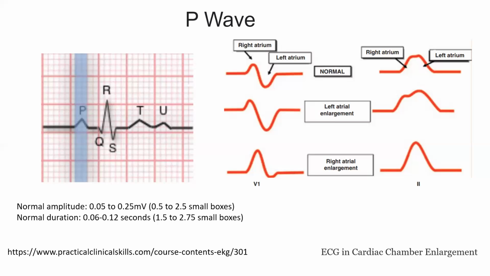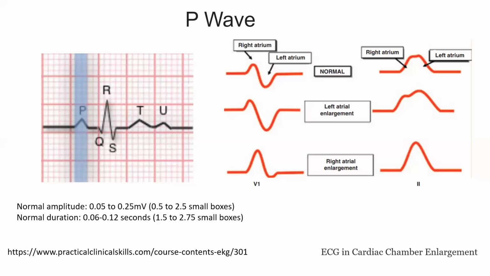If it's a right atrial enlargement, then in the V1 P wave, the positive phase will be larger than the negative, and in lead 2 the right part is also larger than the left part. So basically we combine the P wave from V1 and lead 2 to know whether it's a left atrial enlargement or right atrial enlargement.